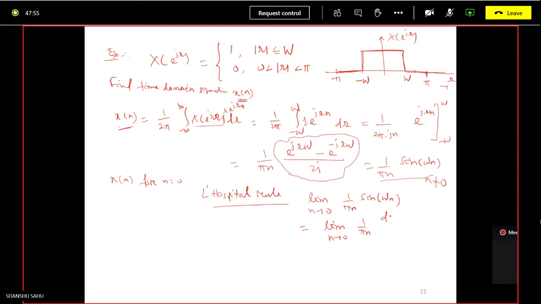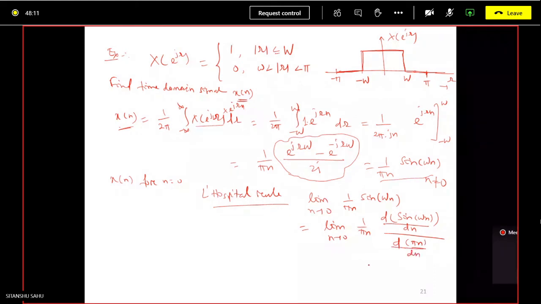So this will be d of sine wn with respect to n divided by d of pi n with respect to n, right? So if you solve this one, this will be nothing but w into cos wn divided by pi. Okay, and the limit goes to n tends to 0.